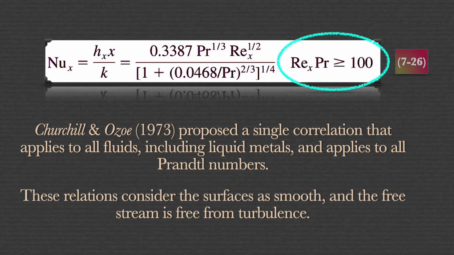Still, they could also be used approximately for non-isothermal surfaces by assuming the surface temperature to be constant at some average value. Also, the surfaces are considered smooth and the free stream is turbulence free. The effect of variable properties can be accounted for by evaluating all properties at the film temperature.